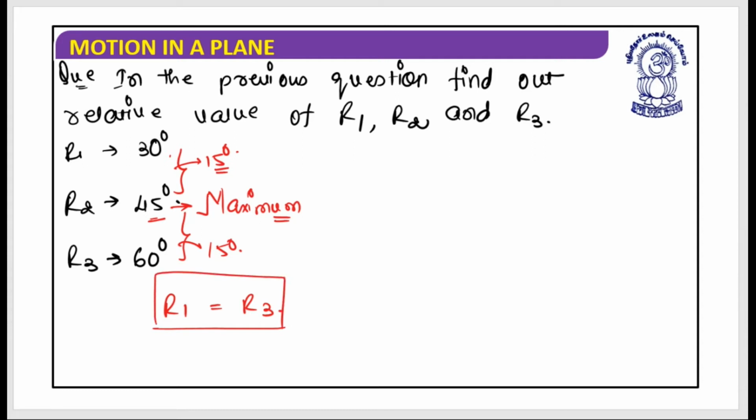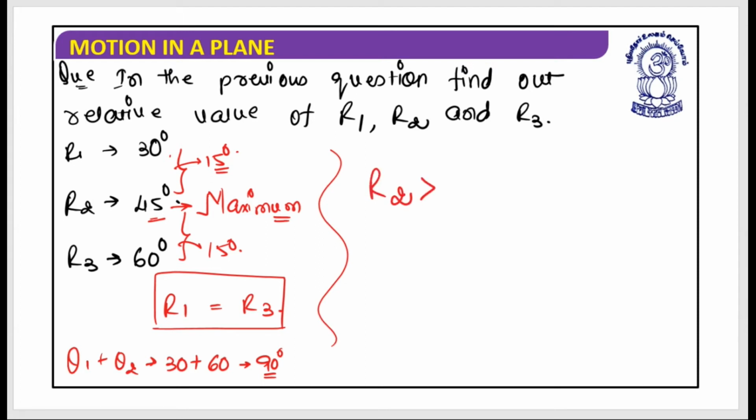You can even check that theta 1 plus theta 2, which is 30 plus 60, is 90. That means if the angles are complementary to each other, the range would be equal. So I can write like this: R2 must be greater than R1 and R3, but R1 and R3 are the same. Is it clear?